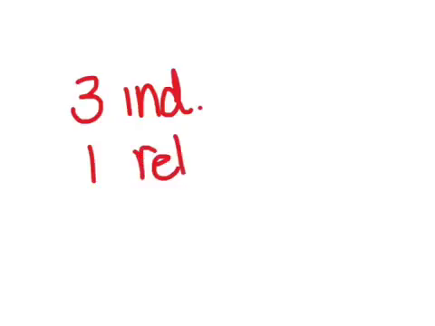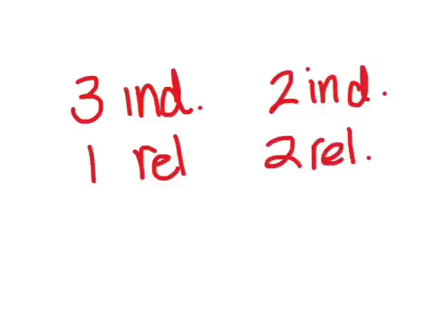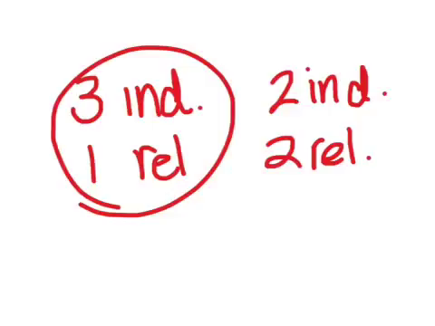Your child can swim, there's a couple things they can do. They can swim 3 individual and 1 relay, or they can swim 2 individual and 2 relays. We usually try to get them in 3 individuals and 1 relay at the dual meets.